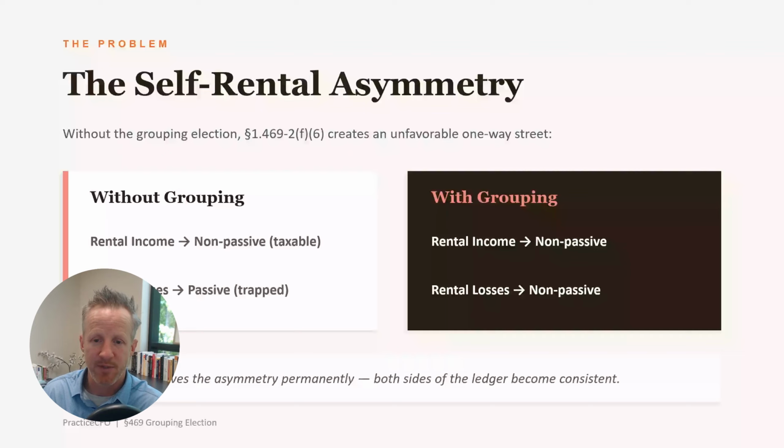Those losses can then be used to offset any other income you have, like W-2 income or K-1 income from your corporation, or if your spouse has W-2 income, you can offset that active income, or what's called earned income, by deducting the real estate building losses against that income. Now, normally there's this big wall between those two.